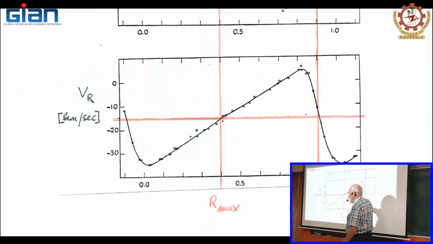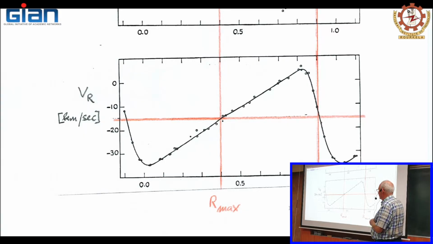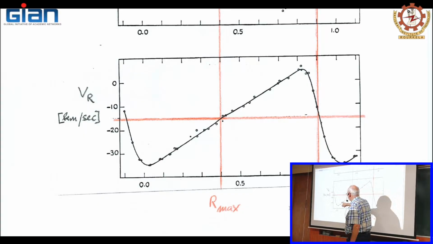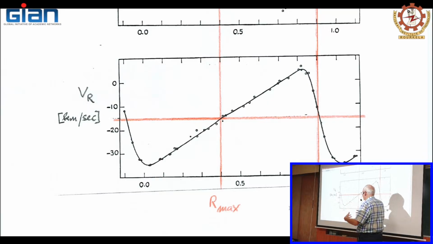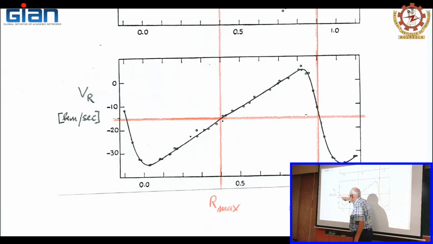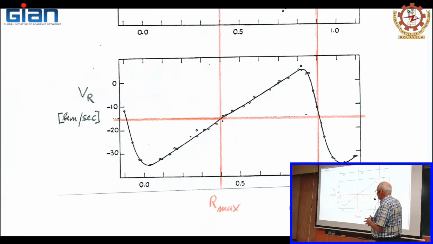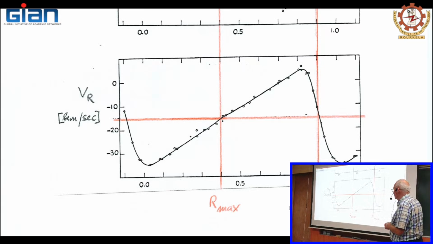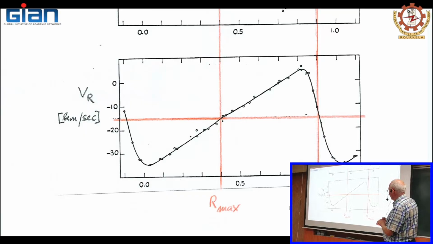The rest of this curve is the variation with respect to the center of mass of delta Cephei. If a negative sign means the star comes towards us, then this part denotes the photosphere of delta Cephei approaching us, and this part means that the photosphere moves away from us.